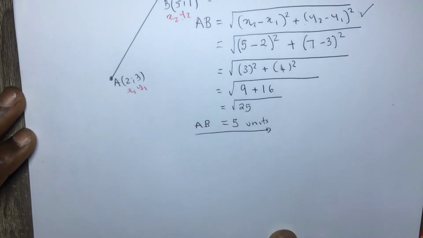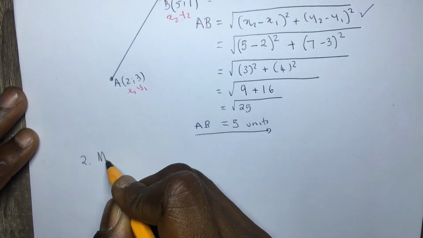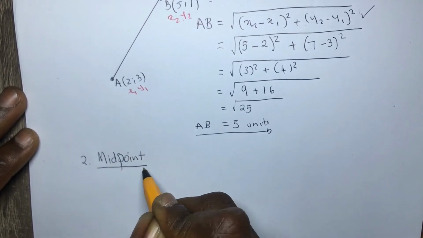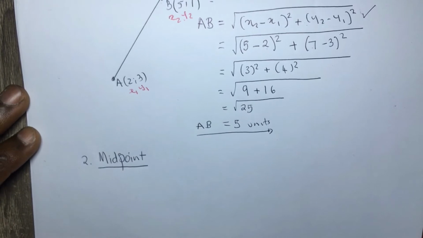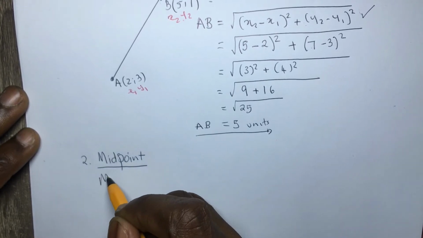Moving right along, let's go to number 2, distance midpoint. Midpoint. So the midpoint is the middle number, the middle term of a certain coordinate. So the formula of the midpoint is given by, let's say M stands for the midpoint.